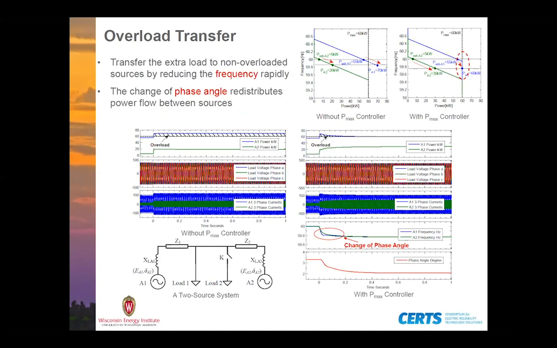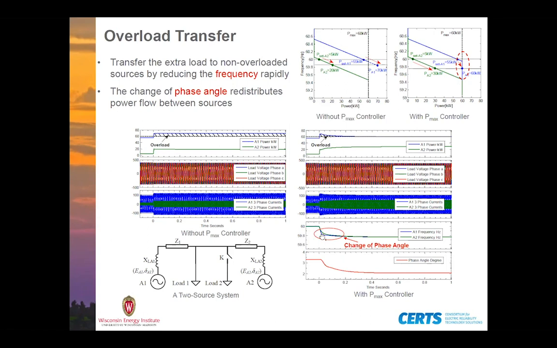If we have that overload mitigation controller in this system, for the same event, we switch the load on, and both A1 and A2 increase their currents to meet this load change. Then A1 becomes overloaded. But once A1's output power exceeds its Pmax, the overload mitigation controller is activated to reduce the frequency rapidly.